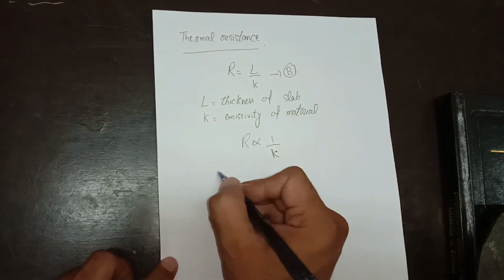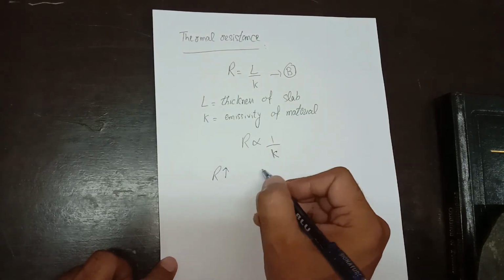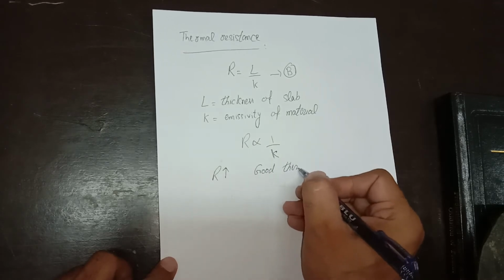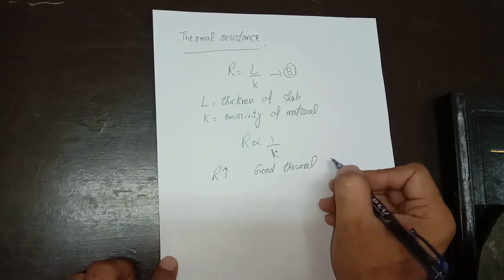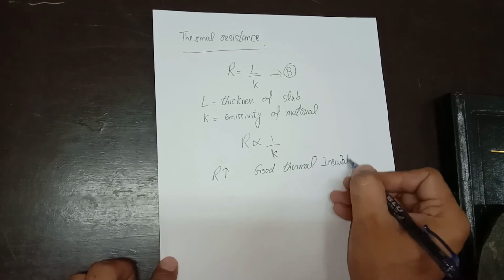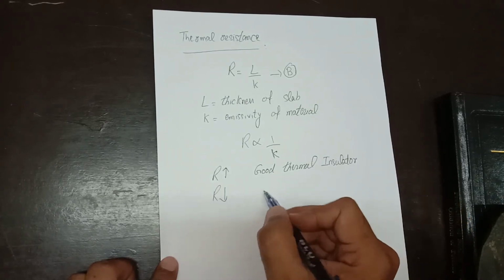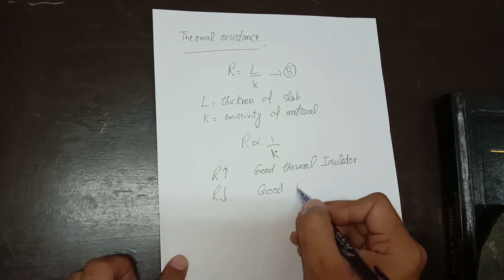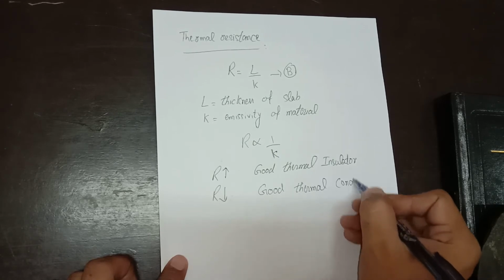So R higher means good thermal insulator, and lower value of R means good thermal conductor.